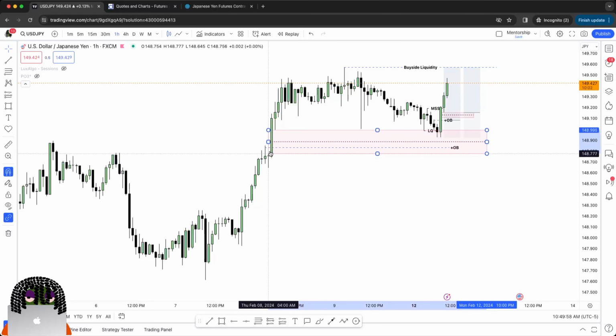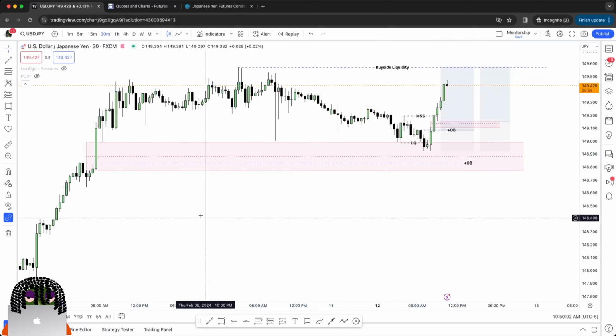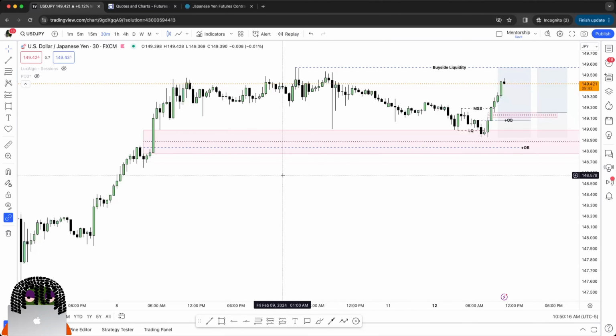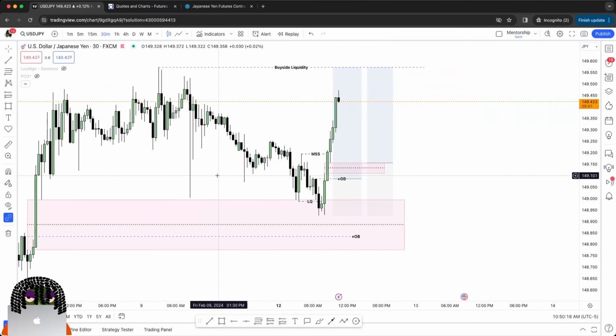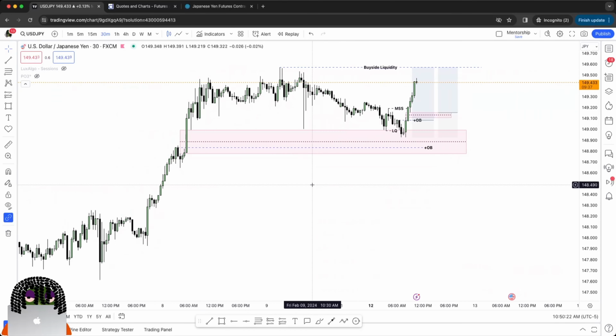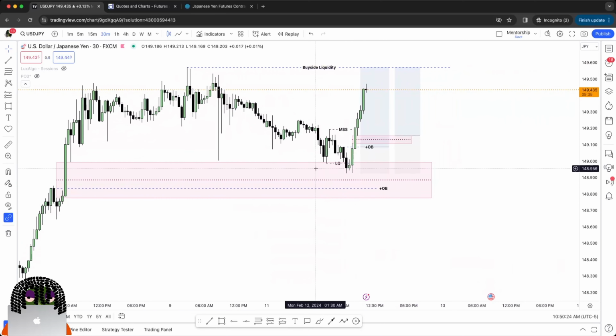Let's see how it looks on the 30-minute like this. I mean, that's decent. I don't know why I had it like this on this candle, but whatever. That's the hour, so I'll just leave it like that. But hopefully it comes back.